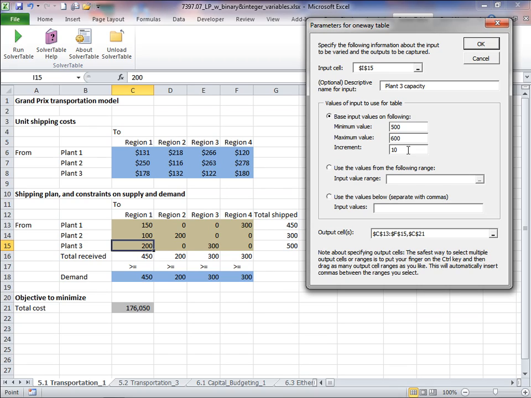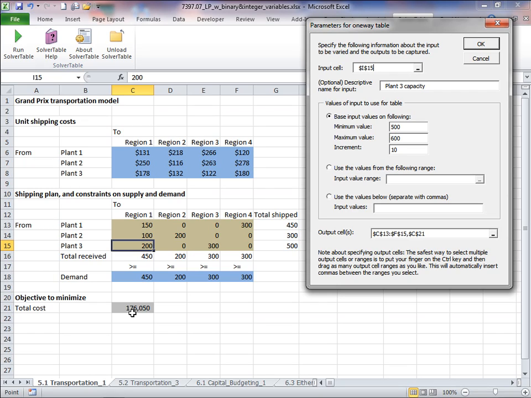But what I asked it to tell me was the decision value matrix here, C13 to F15, and the objective function value. So I wanted to see how all of the numbers in the decision value matrix changed.